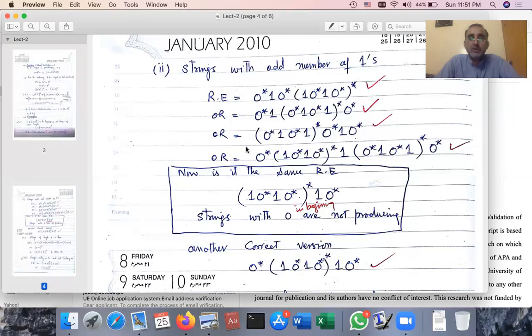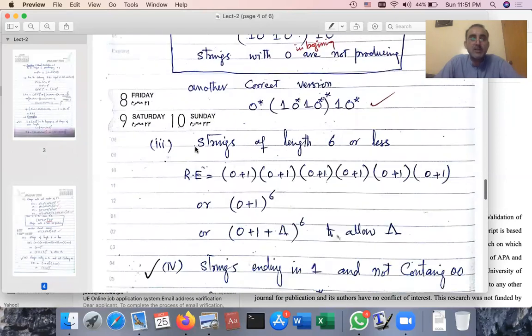So now let's see the next example. Strings of length 6 or less. So the regular expression is for strings of length 6 or less over all possible combinations of 0 and 1. Keep this in your mind that the alphabet set is 0 and 1.